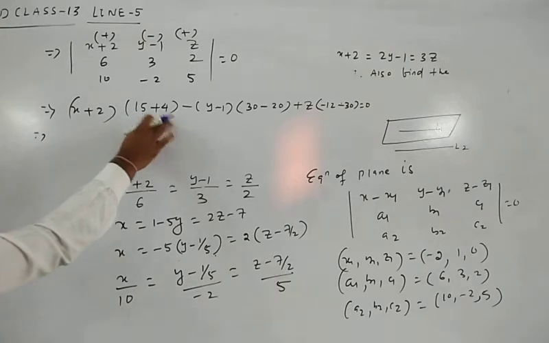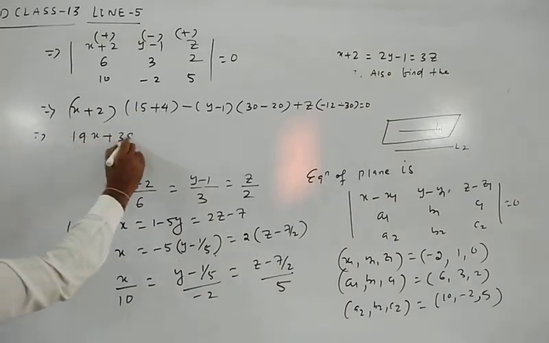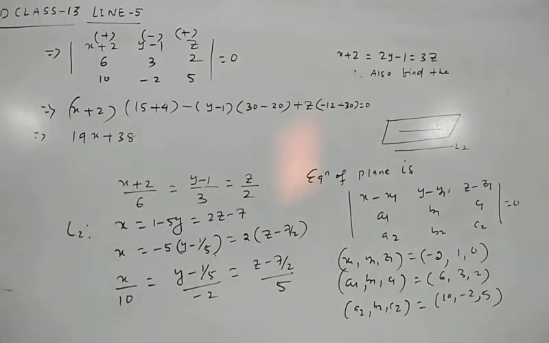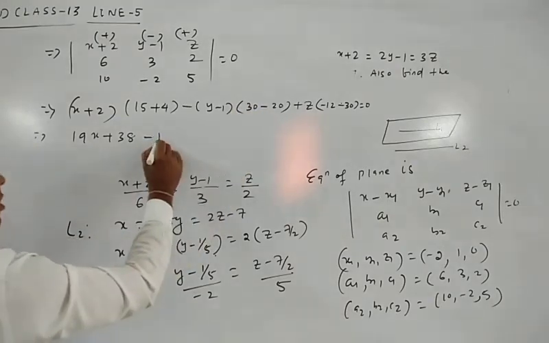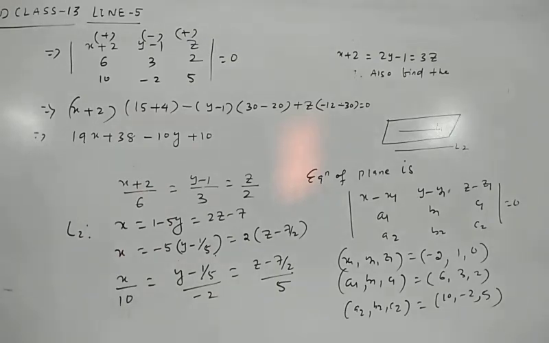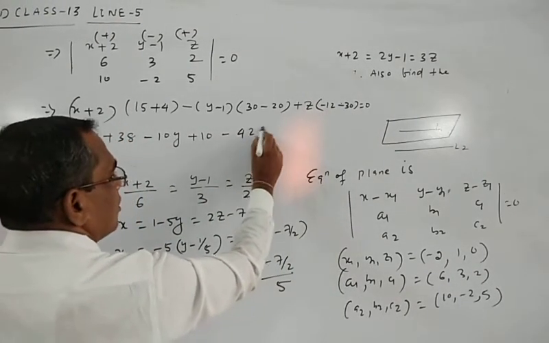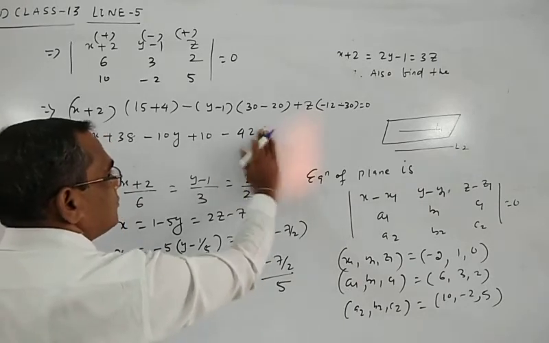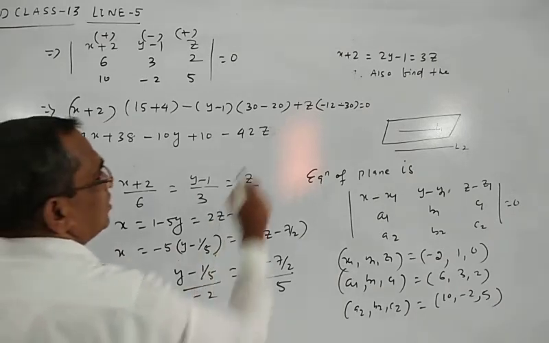So 15 plus 4 is 19, so 19x plus 38. Here minus 10y plus 10, since 30 minus 20 is 10. Then minus 42z.